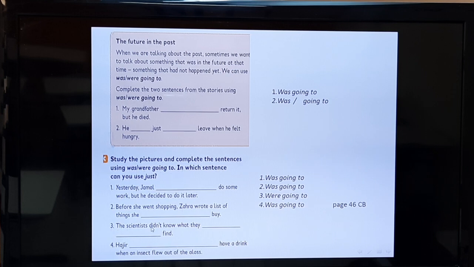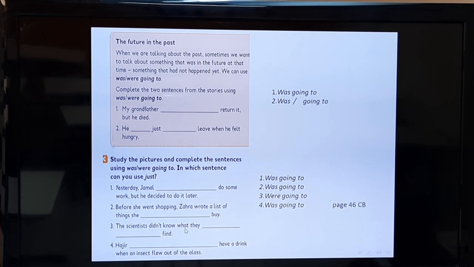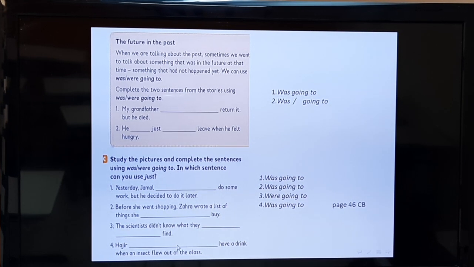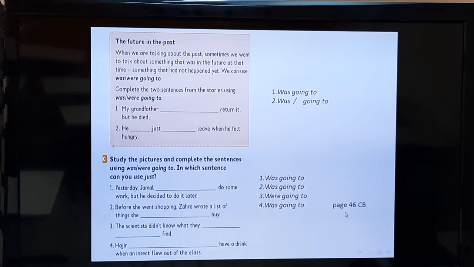Number 3, the scientists didn't know what they were going to find, because we have scientists here, so we use were. Number 4, Hajar was going to have a drink when an insect flew out of the glass. This exercise, this grammar, is in the course book, page 46.